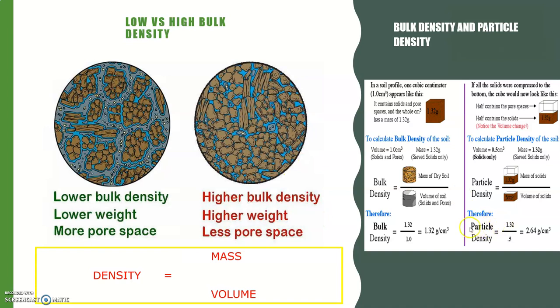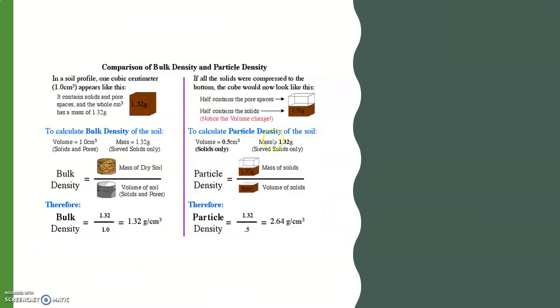It's the same thing. Just to compare bulk density and particle density, the only change will be the volume. The mass is the same. Remember, the only change is in the volume.